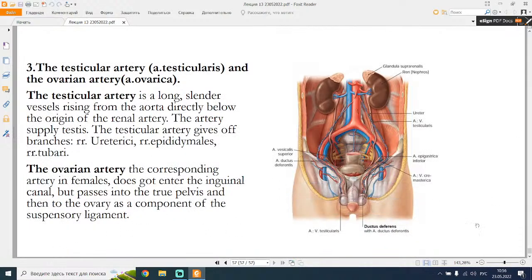Here you see the renal artery, arteria renalis. Next, arteria testicularis and arteria ovarica. Arteria testicularis is a long, slender vessel rising from the aorta directly below the origin of the renal artery.